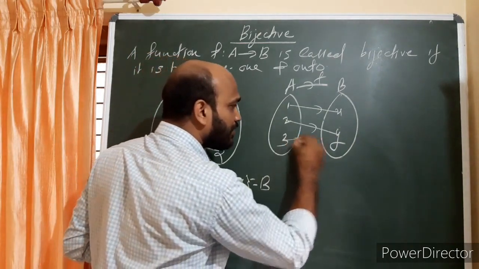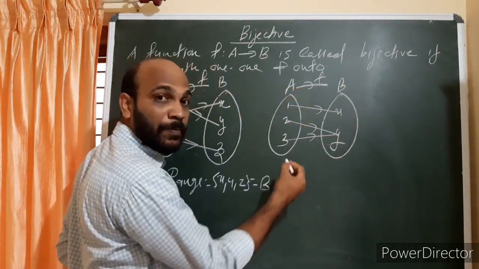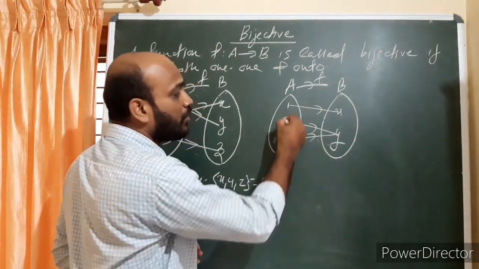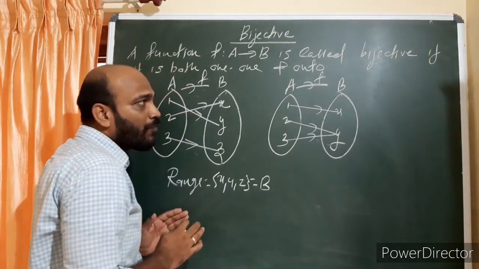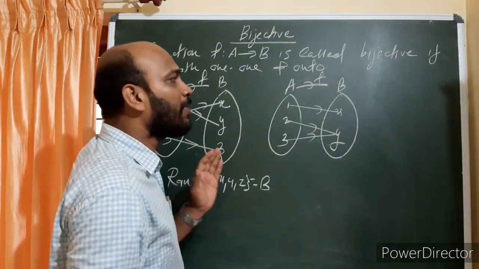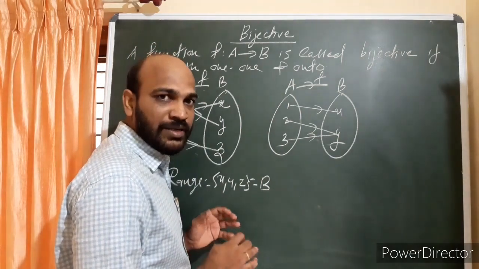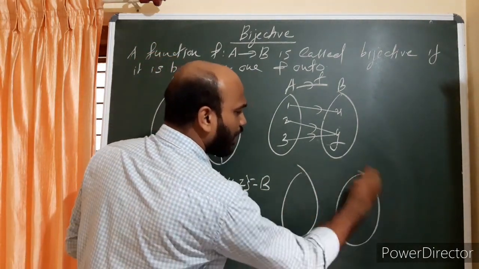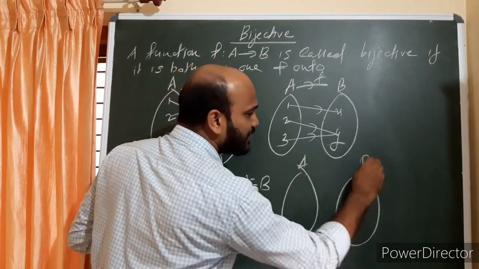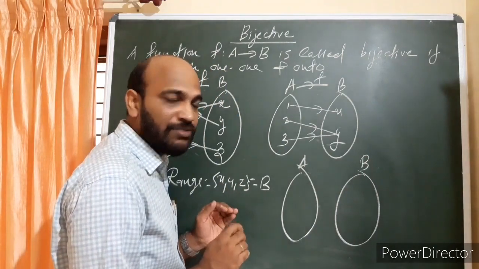So I have to relate 3 with y or 3 with x. Then it will not be a one-one function because 2 and 3 have the same image. So if the number of elements in A is more than the number of elements in B, then we cannot form a bijective function. In the same way, if the number of elements in A is less than the number of elements in B, then also we cannot form a bijective function.